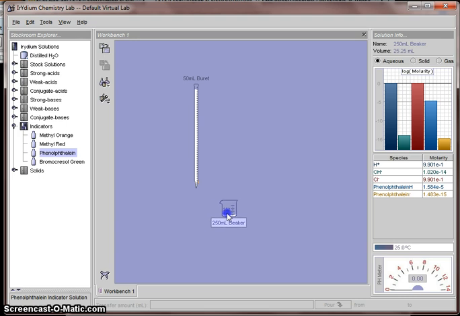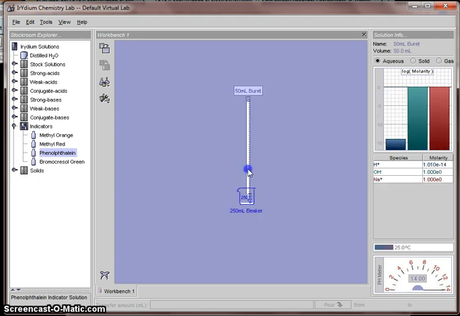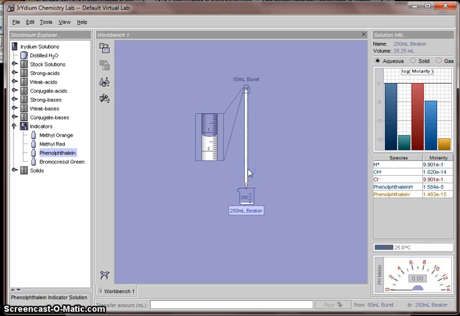Okay, alright, so we take this, put it here, and now we start adding our base into the beaker. We add 0.5 ml of base in there each time.